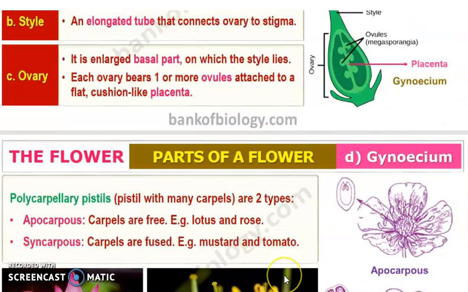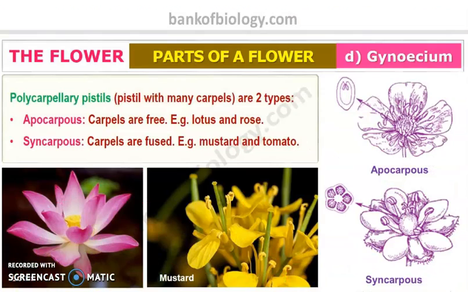Now let us see about the number of carpels. As we said earlier, a flower will have one or more pistils or carpels. When more than one carpel is present, they can be seen in two types.